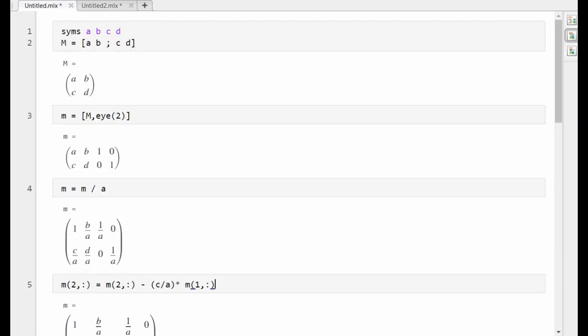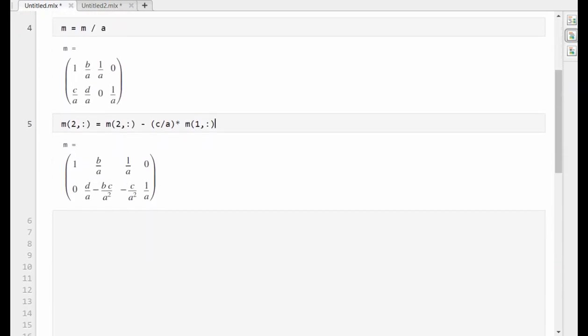The result looks a little bit ugly, but it has done what we need it to do. What's interesting to note is that in this numerator I have D minus BC. If I multiplied this through by A, along with the D, I actually have the determinant starting to appear.